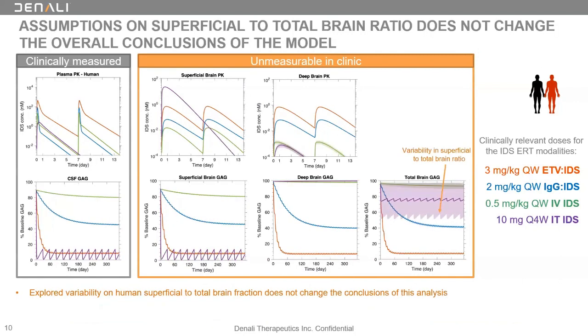And based on exploration of the range of uncertainties and variability that we could anchor on, we saw that the penetration of intrathecal administration of elaprase, even in the best case scenario, was not sufficient to have normalization of heparin sulfate across the entire volume of that brain.